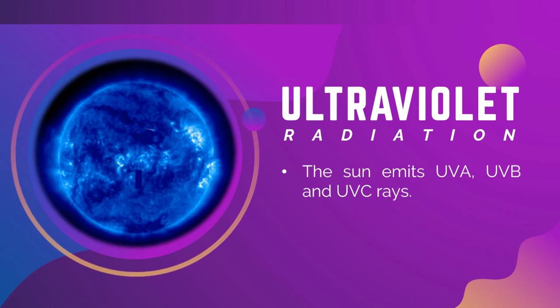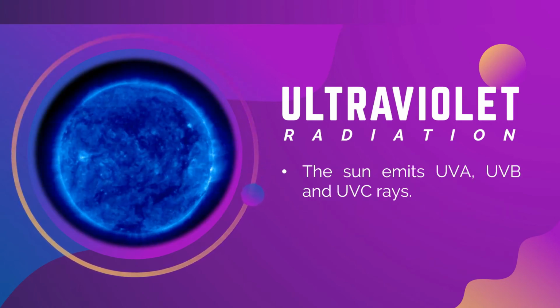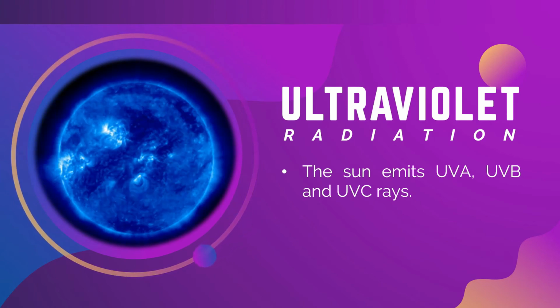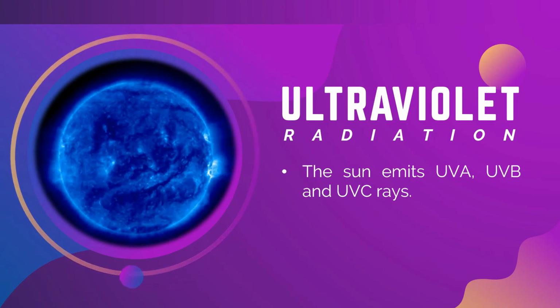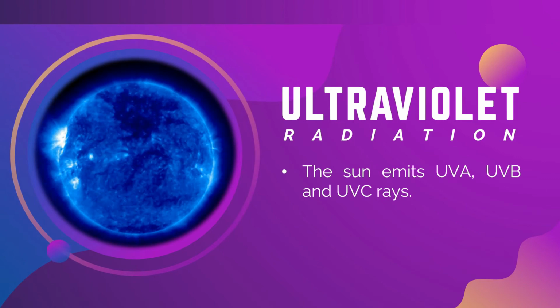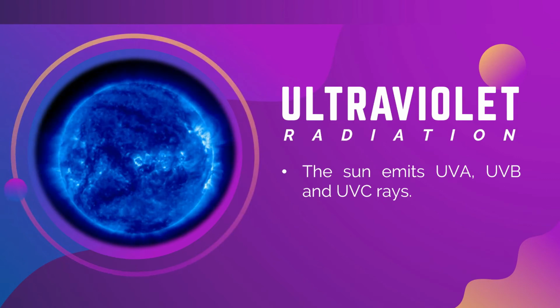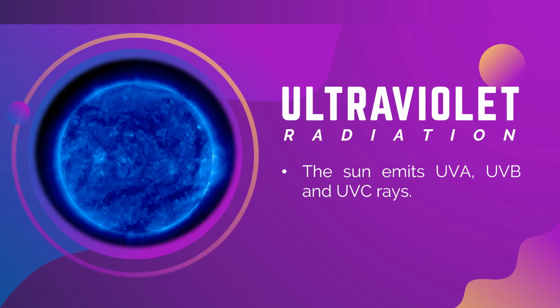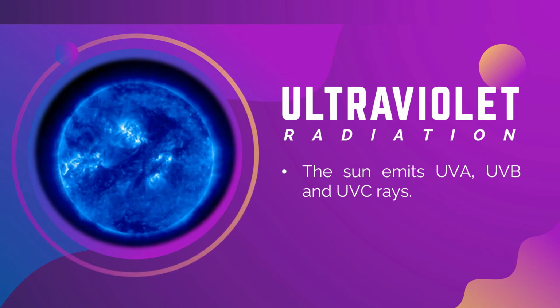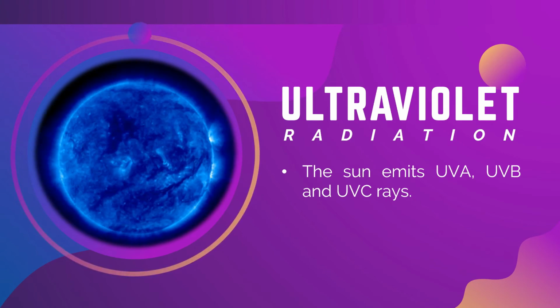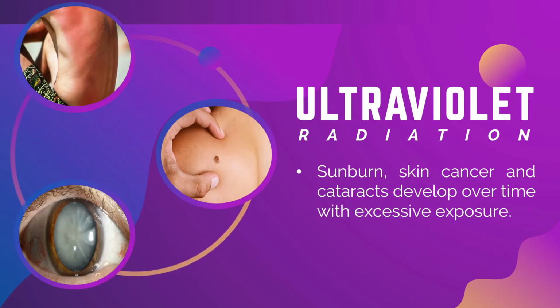The sun emits different types of ultraviolet radiation, which can be classified into three. We have the UVA, the UVB, and the UVC. Now, let's proceed to the effects of ultraviolet radiation.